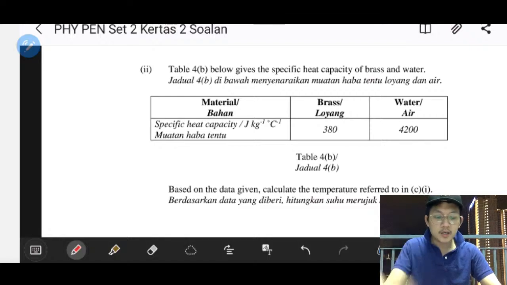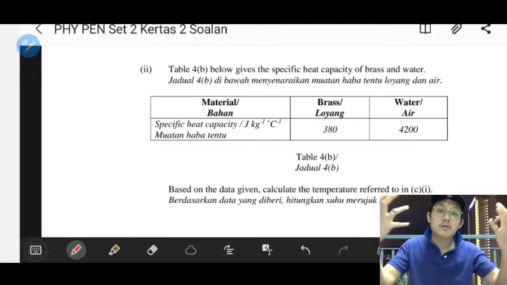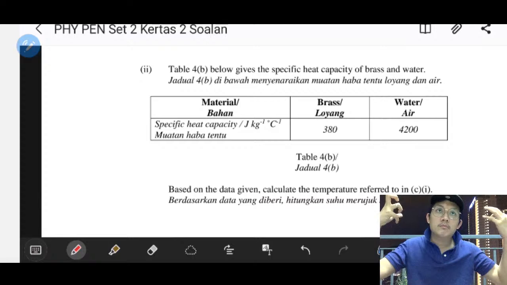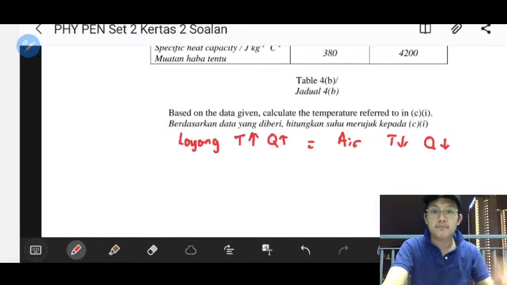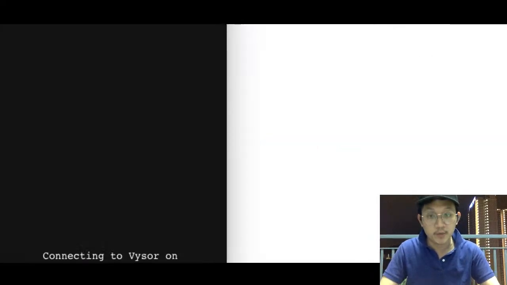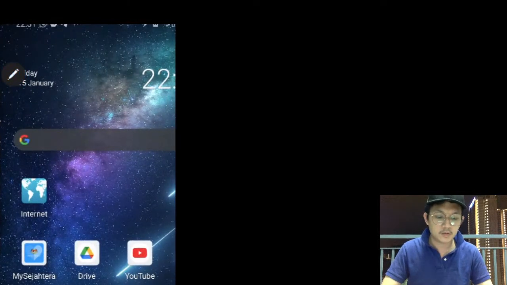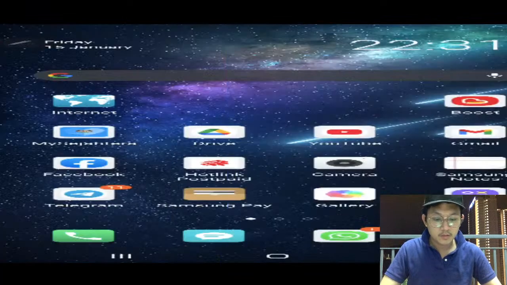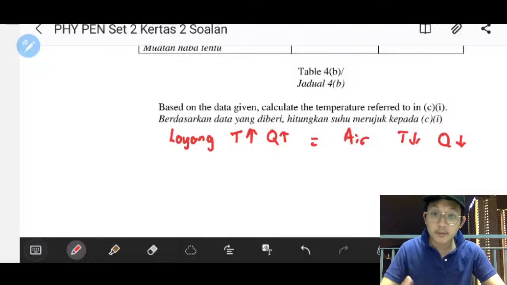Tapi kehilangan haba daripada air dengan haba yang diperoleh oleh loyang tersebut adalah sama. Okay? So that is the first very important key point that we know over here. Very important point over here that we know.